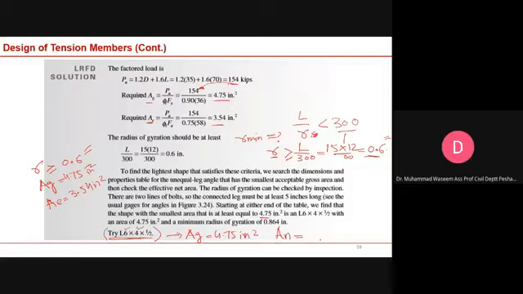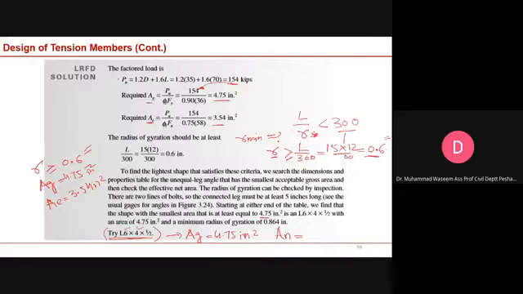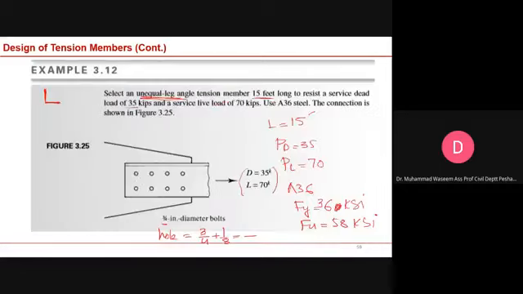Okay, if you want to calculate the net area, so you have to subtract the number of holes from the gross area. And if you look at this problem, there are 2 rows of bolts. Okay, the net area in it, you have to subtract 2 holes out of the gross area in order to get the net area.